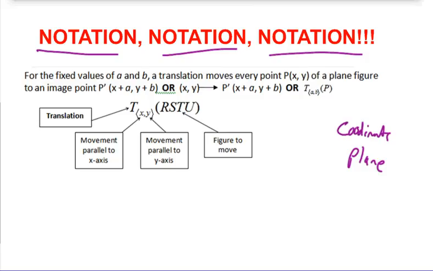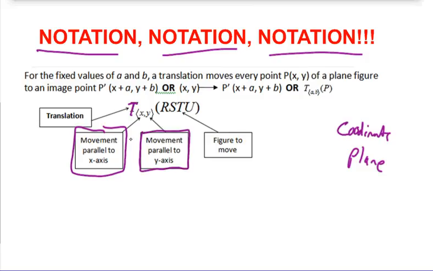In other words, this is our notation. We're saying it's a translation. So we're taking a point or a figure and translating it. The a is movement on the x-axis. So this is not an x value. This is how far you're moving it to the right or to the left. Take note of that. And the b is how far you're moving it up and down.